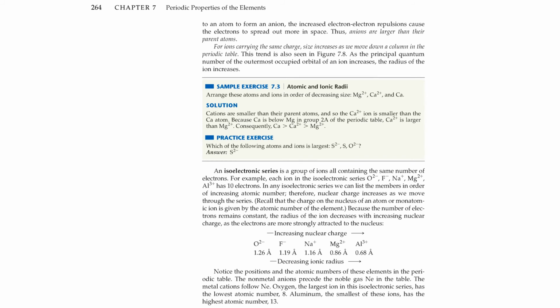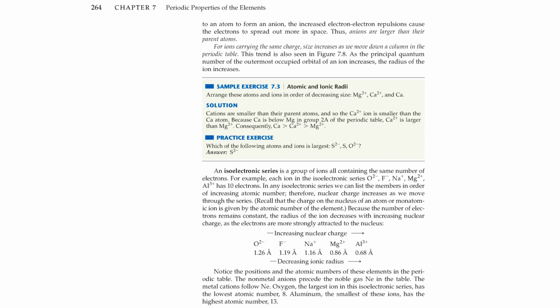An isoelectronic series is a group of ions all containing the same number of electrons. For example, each ion in the isoelectronic series of O2-, F-, Na+, Mg2+, and Al3+ has 10 electrons. In any isoelectronic series that we can list, the members are in order of increasing atomic number.